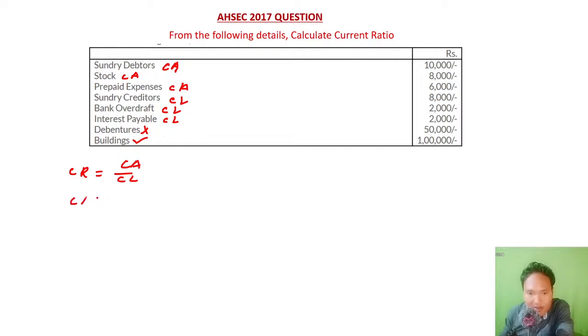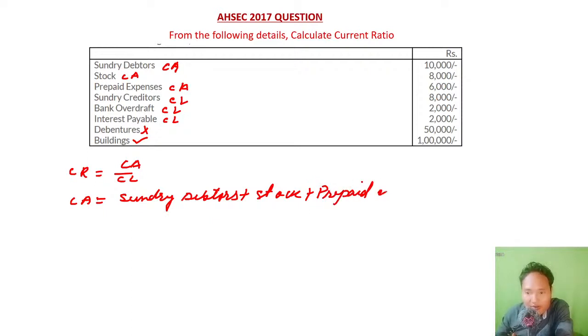So put all the amounts of current assets, that is sundry debtors plus stock plus prepaid expenses.